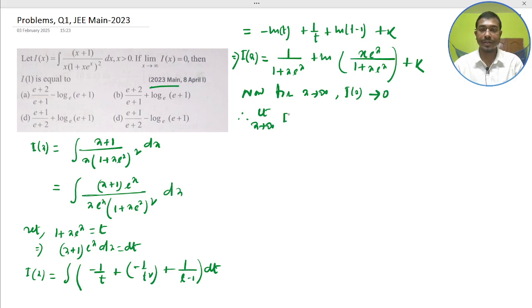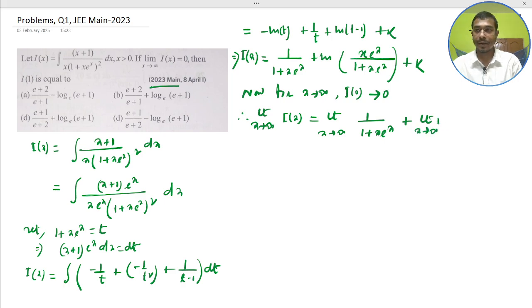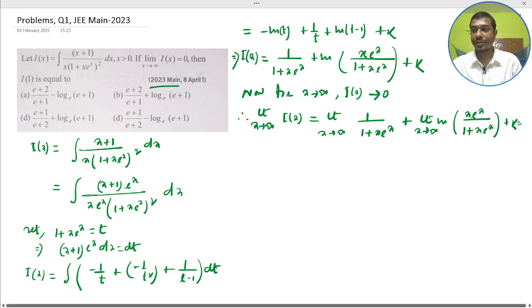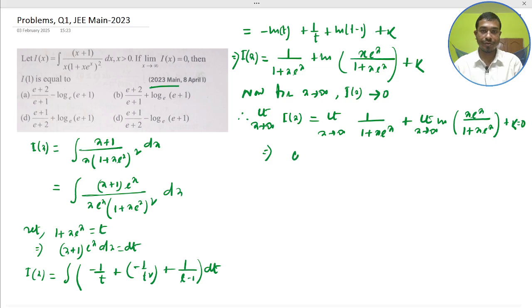So the limit of I, which means 1 by (1 plus x e to the power x), plus the limit of ln of x e to the power x divided by (1 plus x e to the power x), plus the constant is equal to 0. So this would be 0 plus k equal to 0, or k equal to 0. We just found the arbitrary constant value.